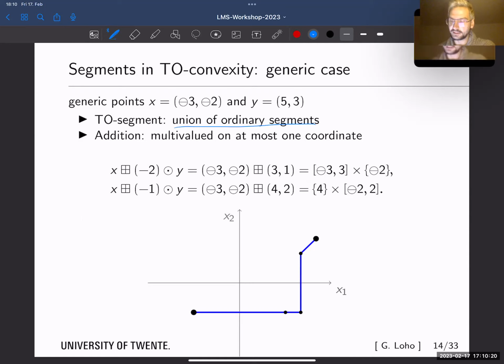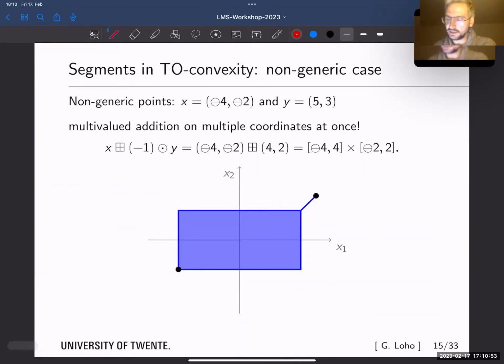And really in the generic case, this multi-valued thing only happens at most once per coordinate at the same time. So these two sets really correspond to this part here. Okay, so this is the generic case. So this looks like the right notion of convexity.